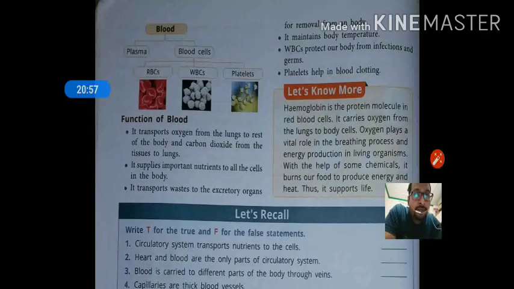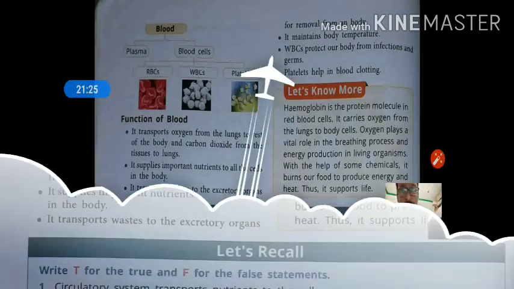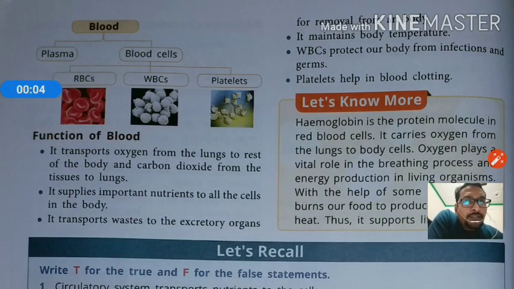As you know, sweating from the skin excretes excessive salt. Then the kidney helps to filter all the blood, and urine is stored in the urinary bladder. It maintains the body temperature. Then we have WBC, which protects our body from infections and germs, and platelets help in blood clotting.